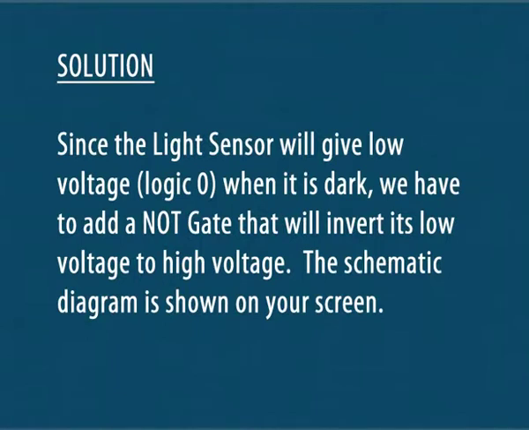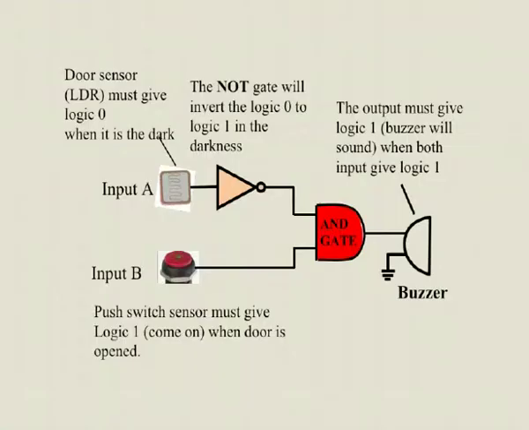Since the light sensor will give low voltage, that is logic 0, when it is dark, we have to add a NOT gate that will invert its low voltage to high voltage. The schematic diagram is shown on your screen.